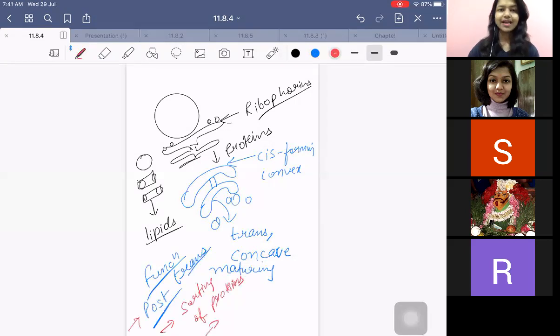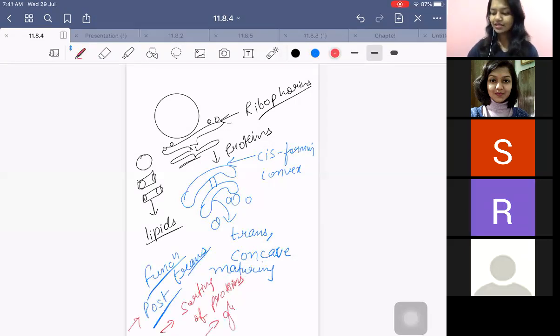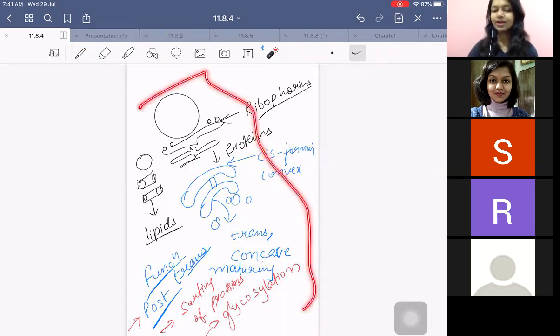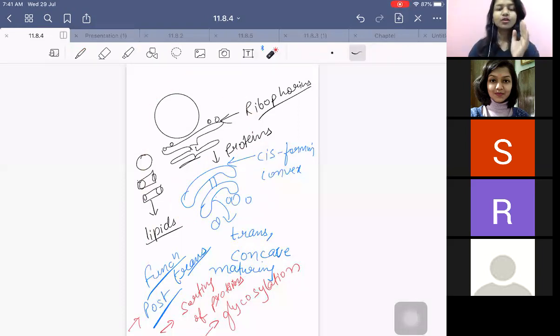What else? Glycosylation, adding carbohydrates to lipids and proteins and making glycoproteins and glycolipids. That will be done in the Golgi apparatus. So this is what we had learned up to now in the endomembrane system: Golgi body and endoplasmic reticulum.